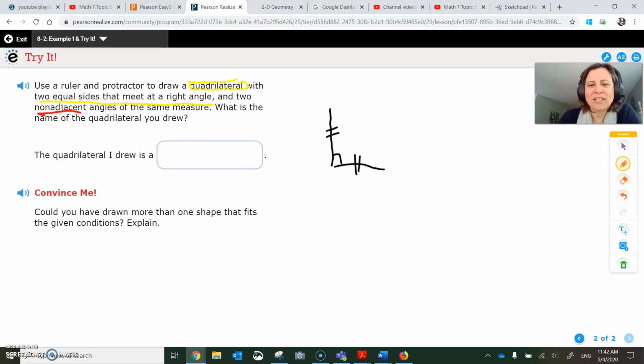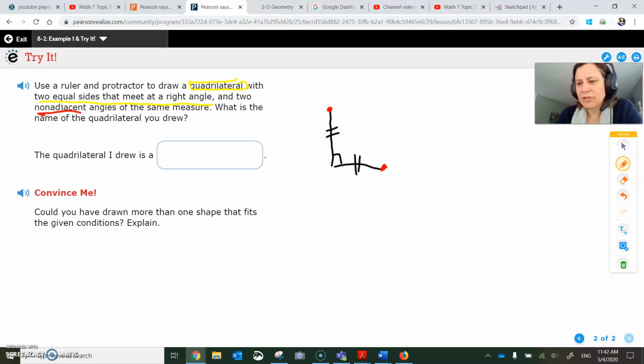So non-adjacent angles, we could make an angle here and we could make an angle there. Both of those red marks are adjacent to the 90-degree angles, but they're not adjacent to each other. And we want to make them the same measure.